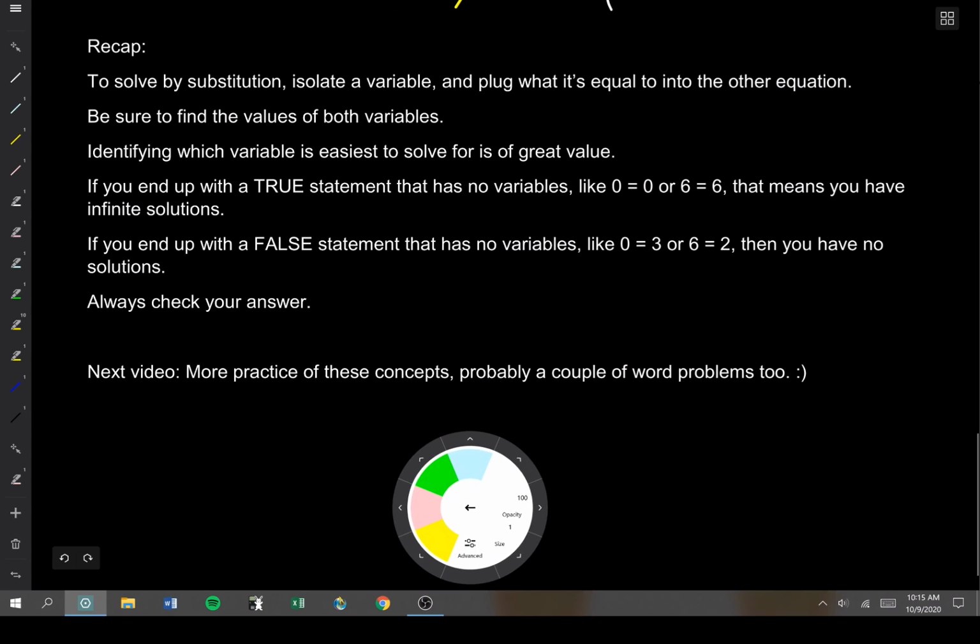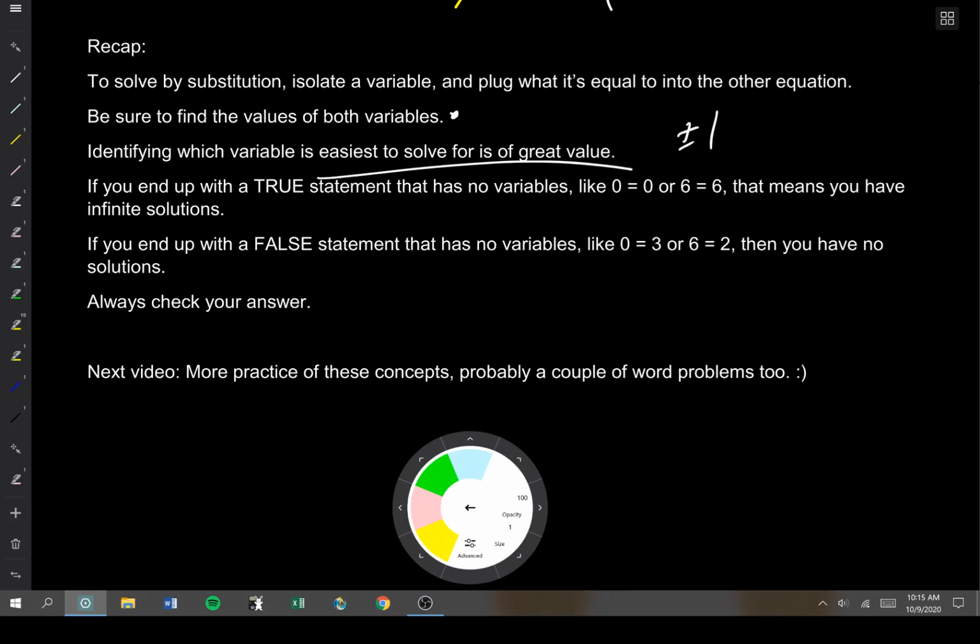Big ol' recap here. Solve by substitution, isolate a variable, plug what it's equal to into the other equation. Okay, that's review for us. Make sure to find both the variables, x and y, or a and b, whatever they are. Being able to identify which variable is the easiest to solve for is a very high value. Pick the one that has a coefficient of plus or minus 1.